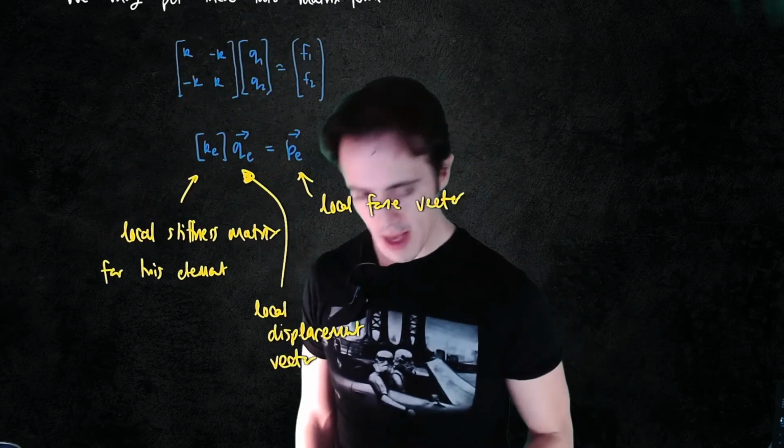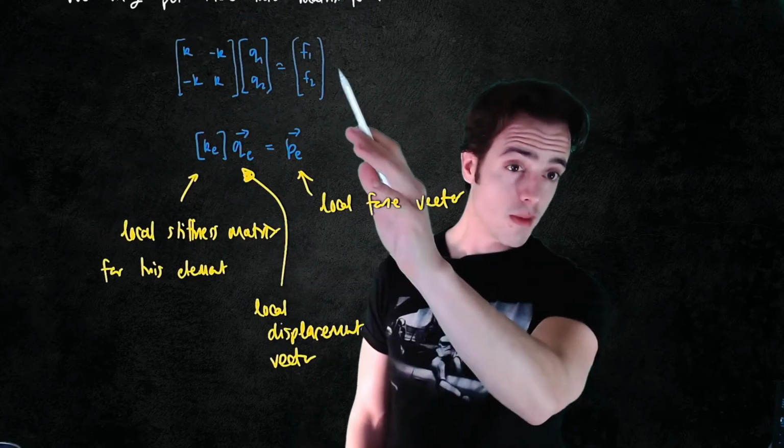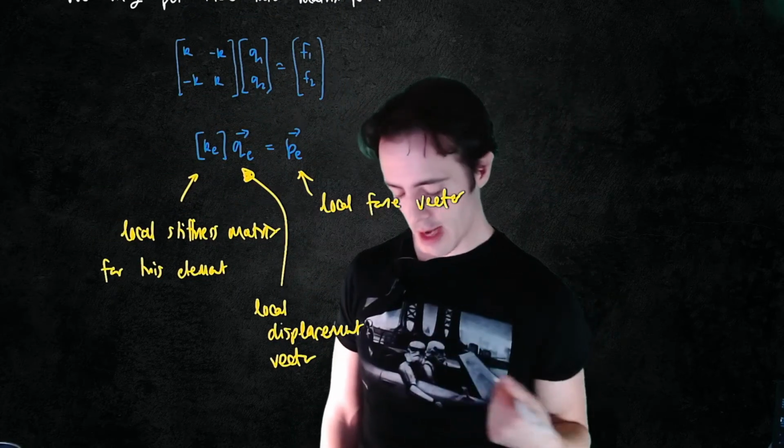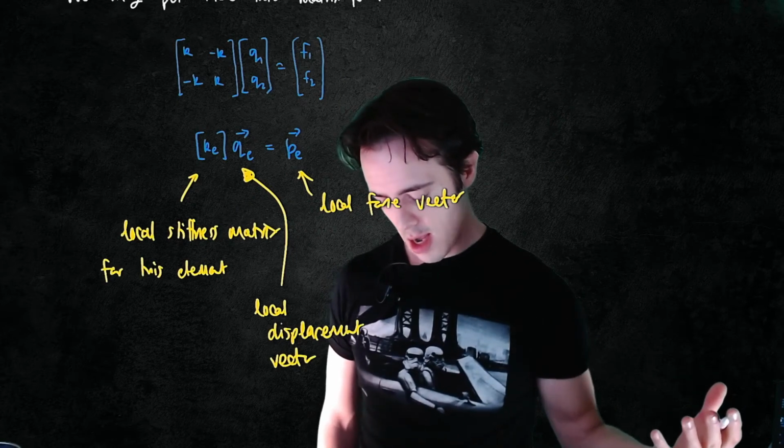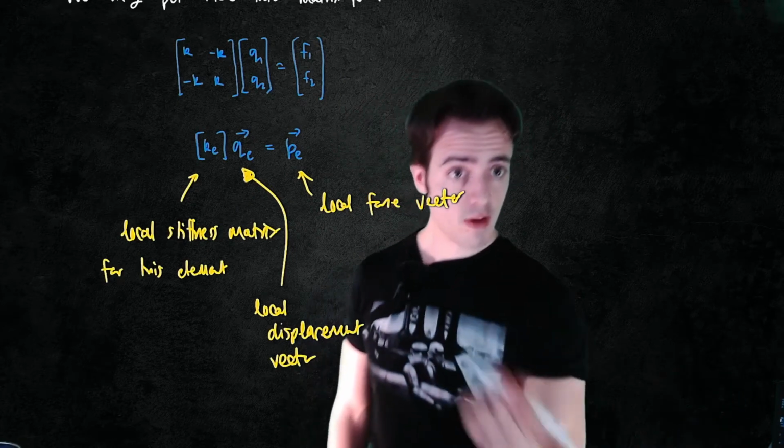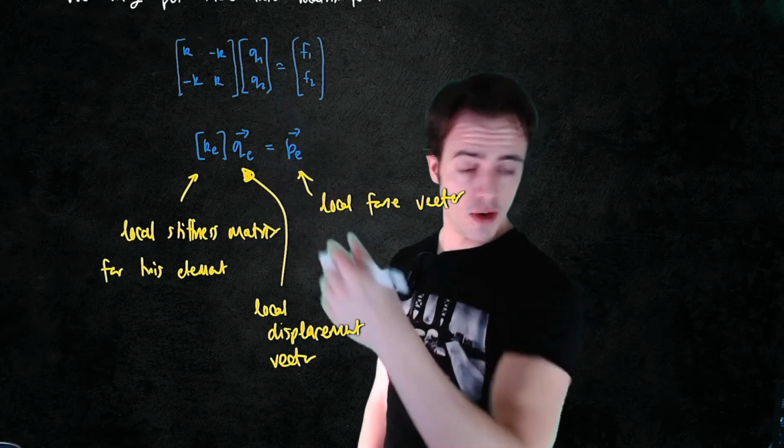So we've got this problem here. We've put this into matrix form, and we've got this. So let's say, for example, I have values for F1 and F2, and I want to solve for the two displacements.